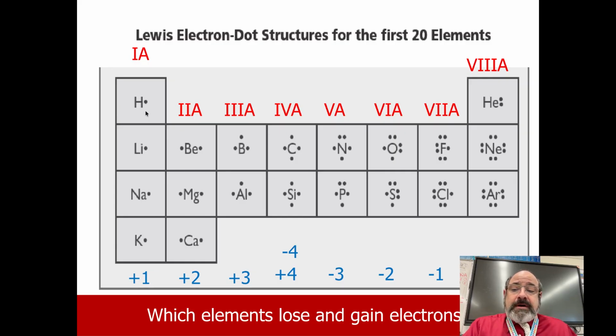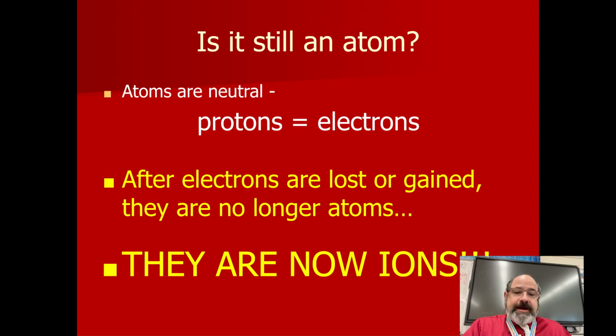Easy way to remember: +1, +2, +3, and then start from the other end. Noble gases don't want anything, so they're 0. -1, -2, -3. The 4s meet in the middle. We're not going to see too much of them, so just pay attention to the 1s, 2s, and 3s, the -1, -2, and -3. Those are the important ones for now.